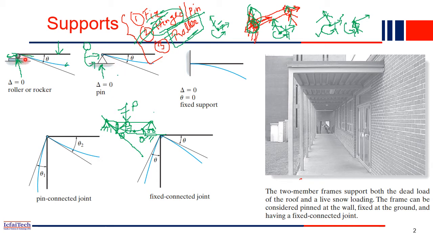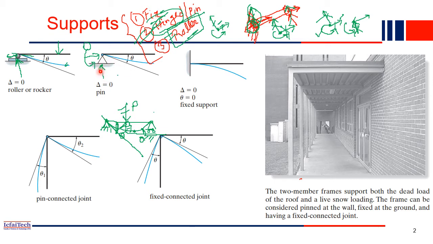Here also if you see the roller, deflection started at the support itself, because the reaction moment at these two supports is zero, right? Whereas fixed end reaction moment is not zero. You have three unknowns here: horizontal reaction, vertical reaction, and moment. Right? So at this point, slope theta is zero, and deflection is also zero.